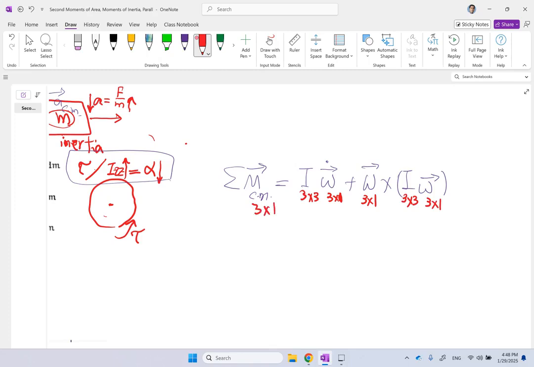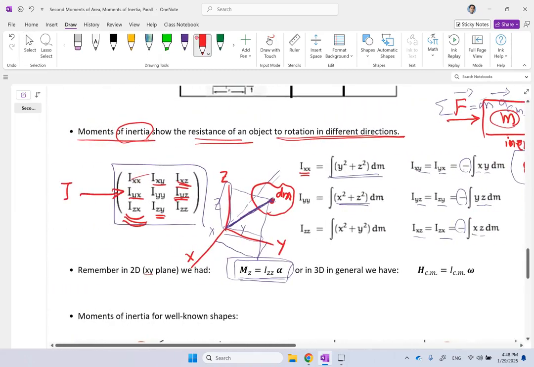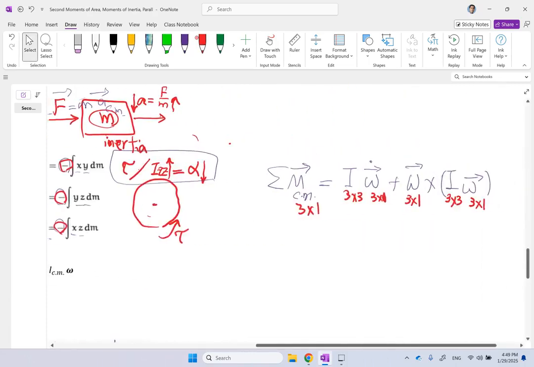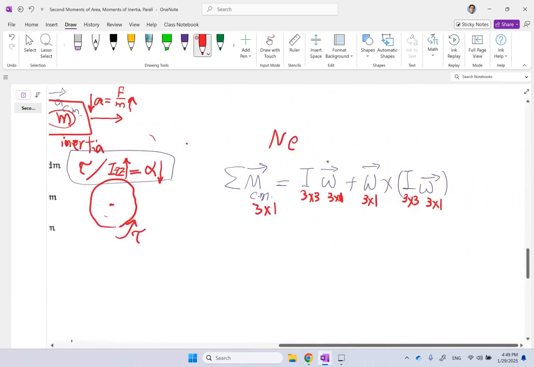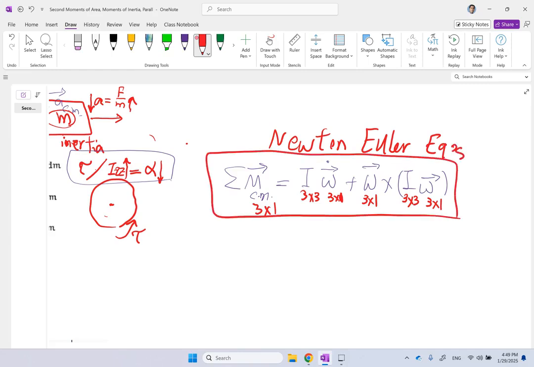So this I here, this inertia matrix that you see, is this guy. And in that, these off-diagonal elements, these product terms, they all have a negative in them. Okay, so there is this negative defined for them if you want to use these equations, which we call Newton-Euler equations. And these govern your rotation of a rigid body in 3D.